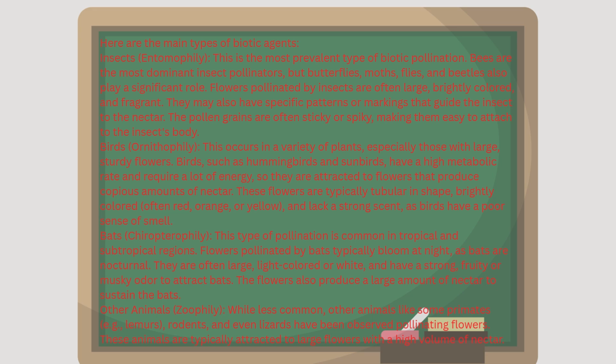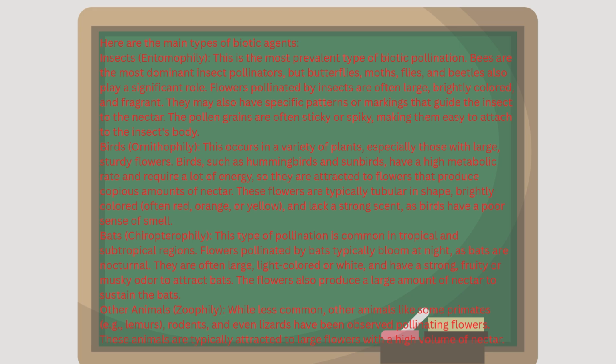Now, the third one is bats. Chiropterophily. This type of pollination is common in tropical and subtropical regions. Flowers pollinated by bats typically bloom at night, as bats are nocturnal.